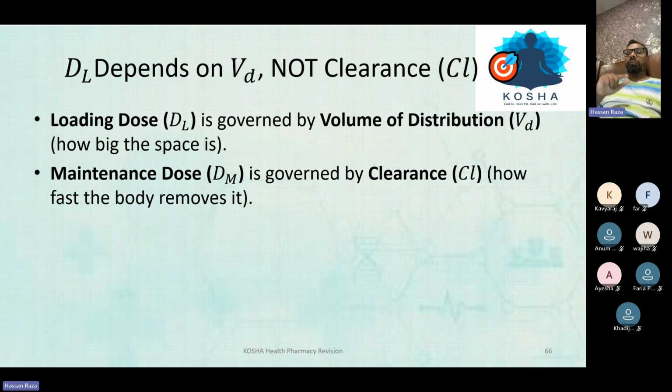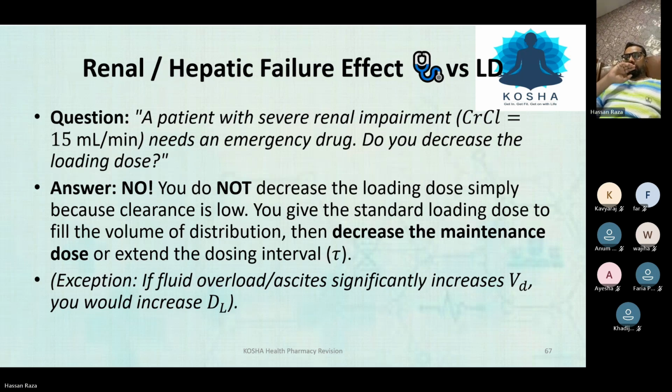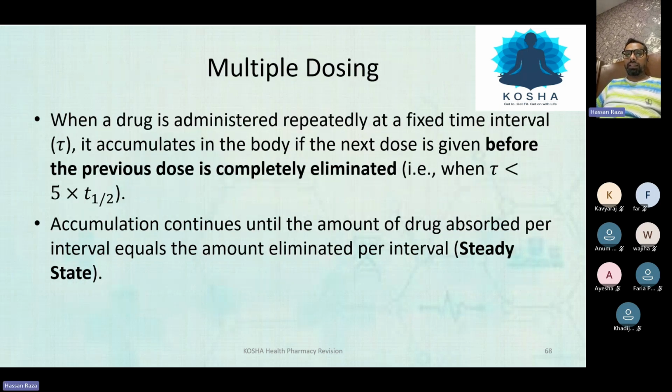But if there is some problem with the kidney or liver, and the drug is eliminated through the kidney or the liver, you have to adjust the maintenance dose. You can adjust the interval, or you can decrease the dose as well. So it is written over here as well.